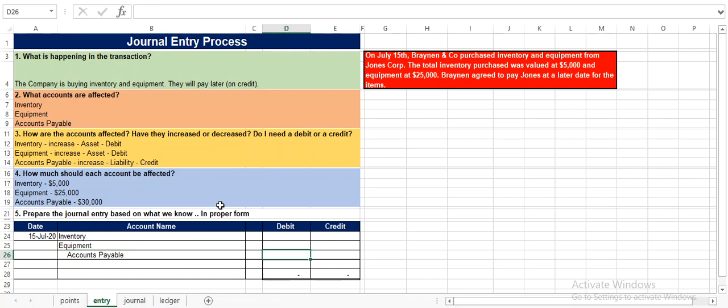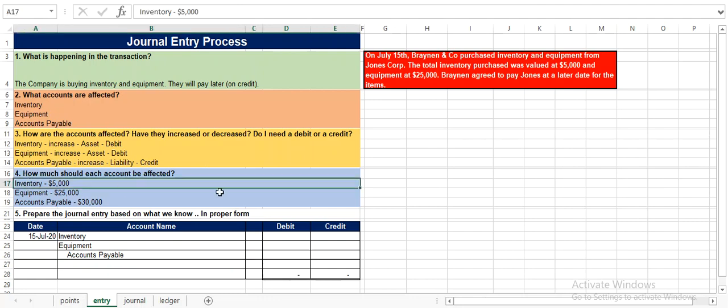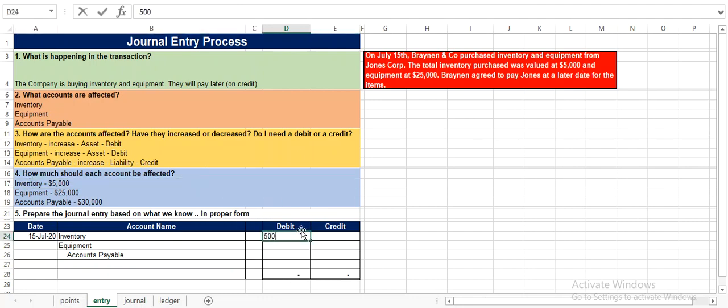Putting it together, we know inventory and equipment are debited. Inventory should be increased by the $5,000, the value of the new inventory we got. So debit of 5,000, and equipment should be debited by 25,000.